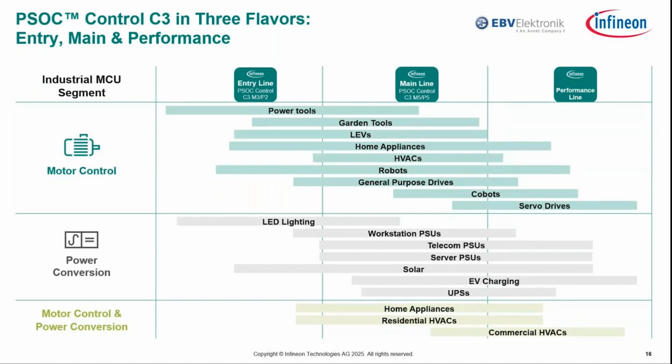Although the performance line is targeted for high precision and computation heavy applications like servo drives, it is still possible to address these needs with the main line as well. In a common type where both motor control and power conversion are handled by the same microcontroller, like home appliance projects, the main line offers sufficient performance.